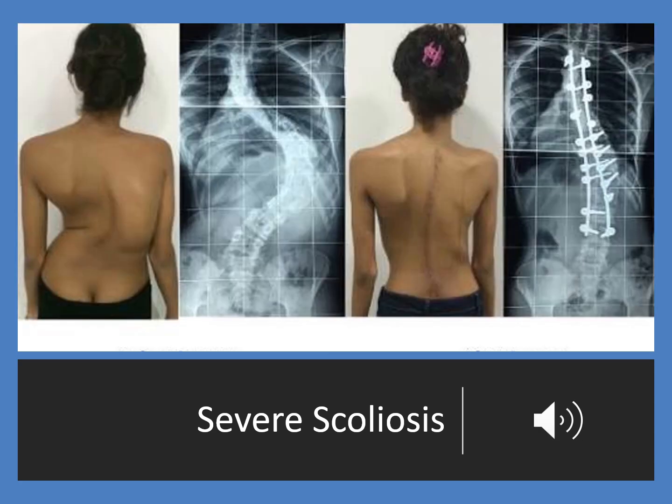So this is just another example of severe scoliosis, really comparing a probably before and after any sort of intervention, and x-rays, what those look like beforehand. So the first picture of this, she has pretty severe scoliosis. You can really see that S-shaped and a lot of those clinical manifestations that I already talked about.